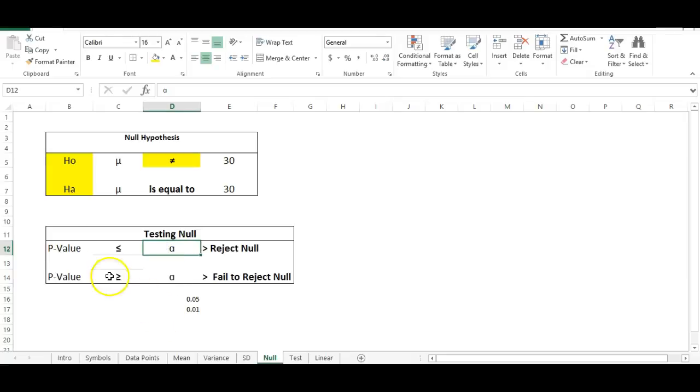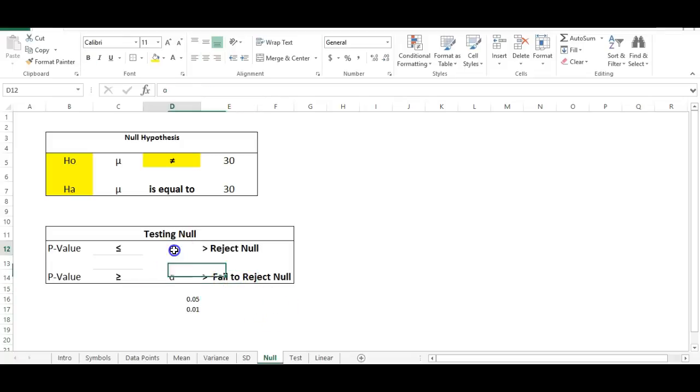At the end of our testing, we compare the p-value and the alpha. If the p-value is less than the alpha, or level of significance, then we reject the null hypothesis. If our p-value is greater than or equal to our alpha, or level of significance, then we fail to reject the null.